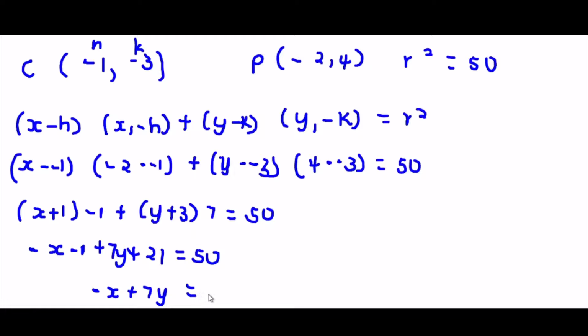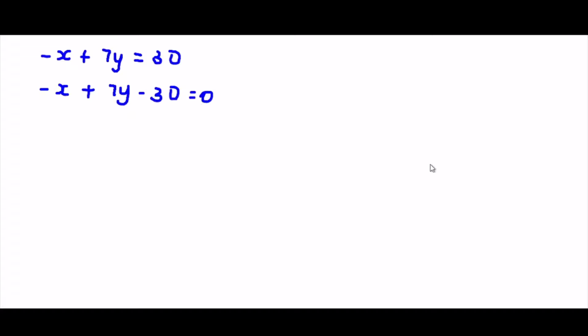So when we bring it to the other side, it will be 50 minus 20. We're going to have -x + 7y equals 30. So we can write it as -x + 7y - 30 equals 0, and that's the equation of a tangent of a circle. Let's get into our next example.